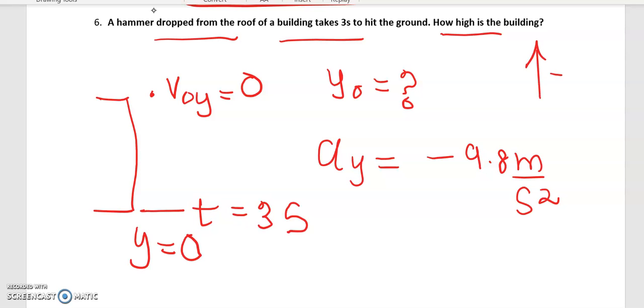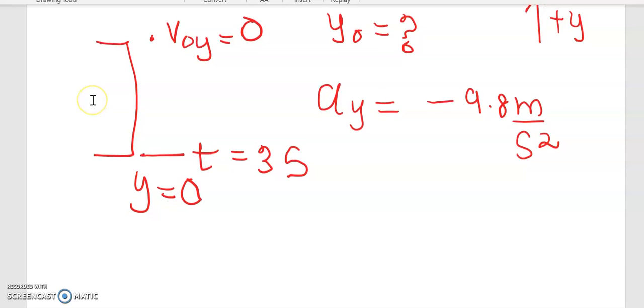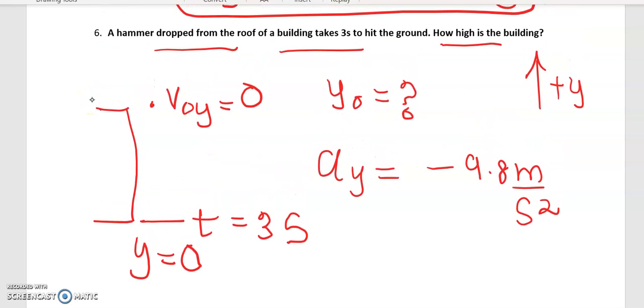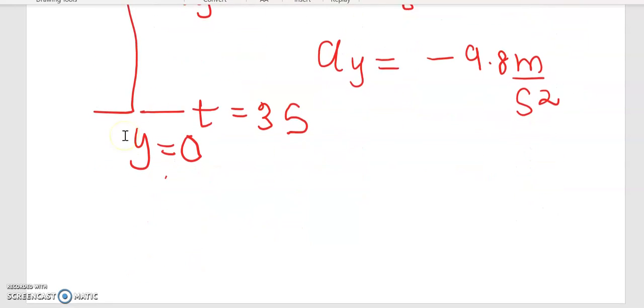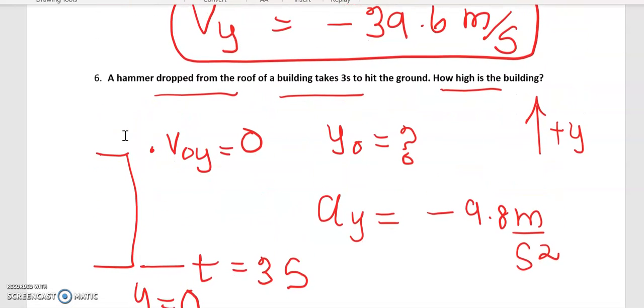We take up as positive y. Now this is all we know. We know the initial velocity, the time, the final y position, and the acceleration. So we are trying to find the initial y position.